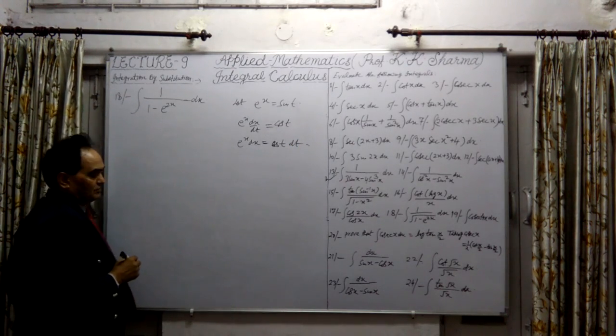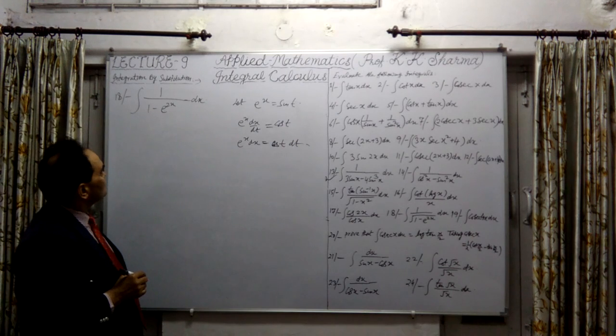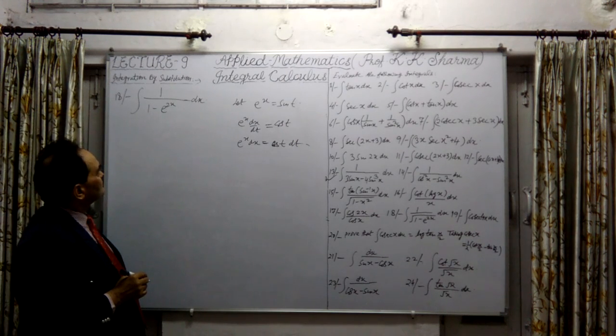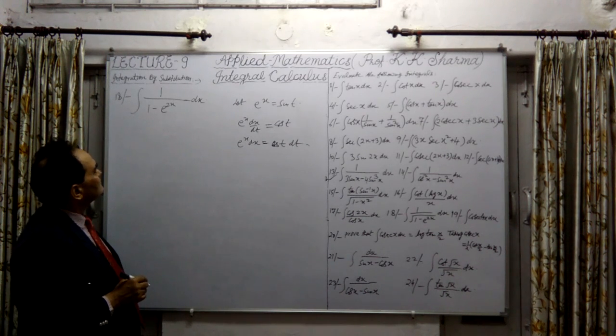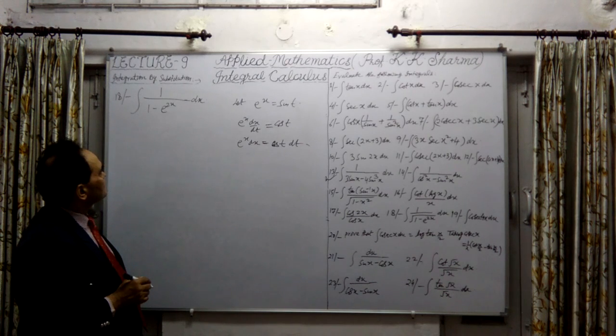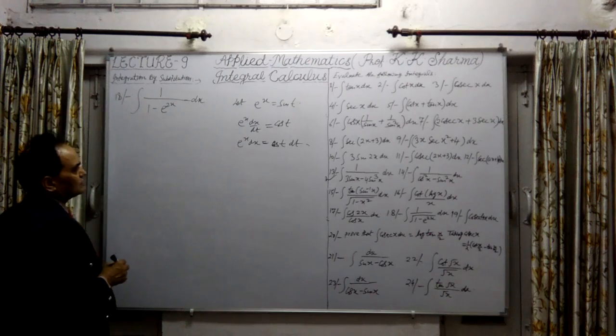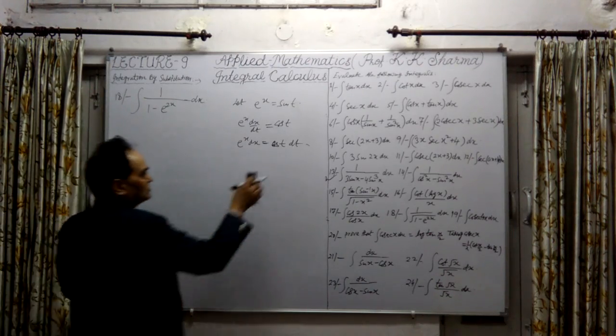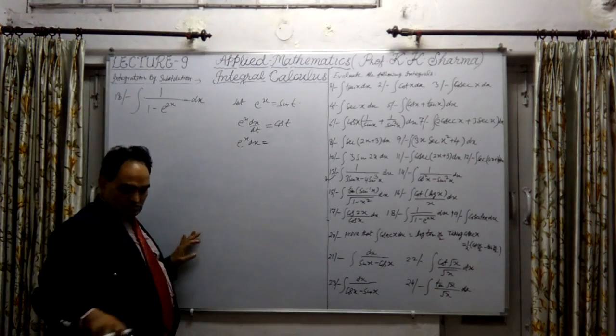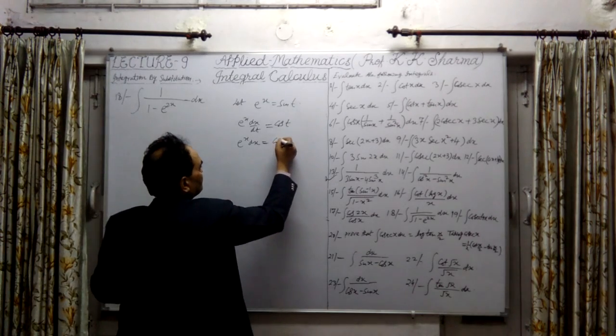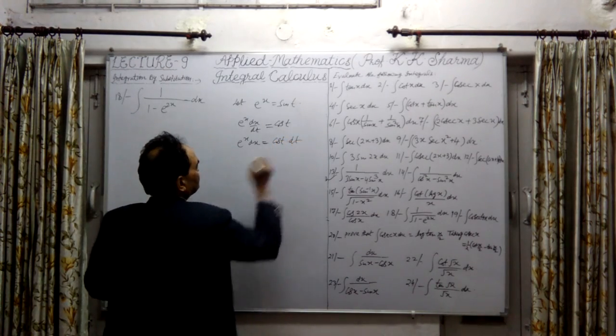But here, if I multiply by e raised to minus x, then it will be e^x only, e^-x, so this will be cos t into dt.